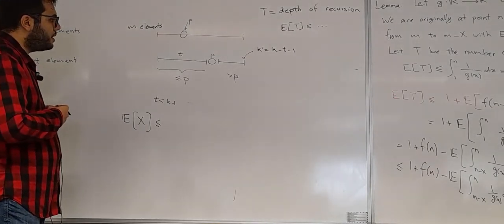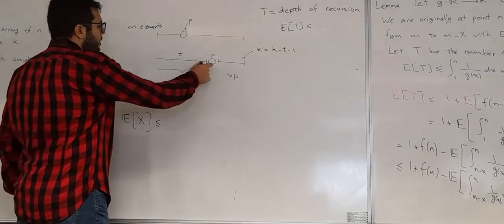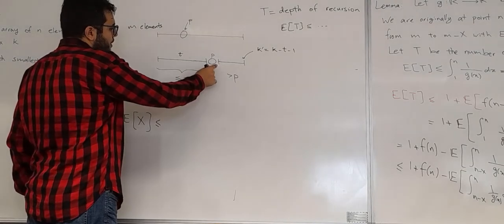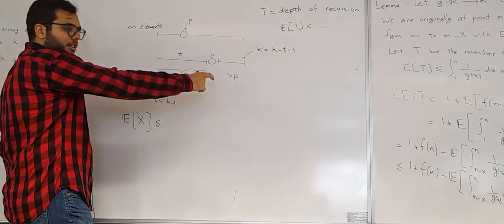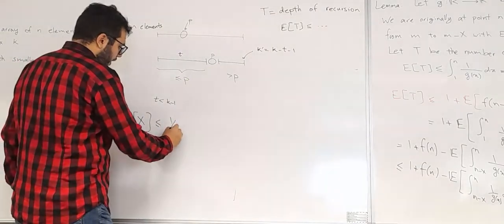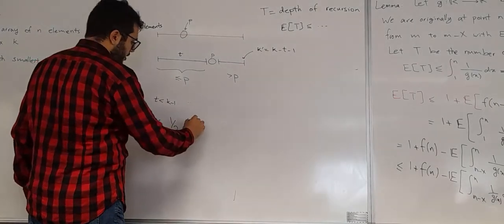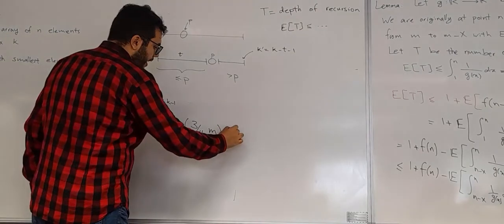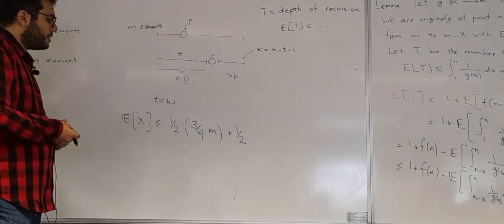If I want the larger side to be at most 3/4, then the element that I choose should be neither in the first fourth nor in the last fourth. So I have a half chance of decreasing this to at most 3/4 times n. And I have another half chance that my size is large.